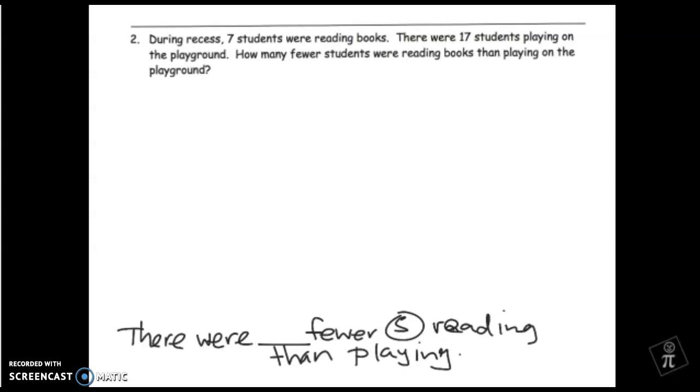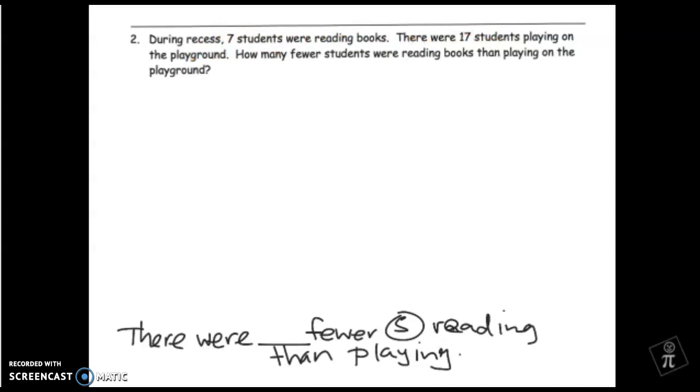So now that I've written my answer statement with a blank, I'm going to go back and read the question again. I'm going to look for the characters in this story. The previous one, it was like Fran and Darnell. Now, who are my characters here? Well, it says during recess, 7 students were reading books, and there were 17 students playing on the playground.